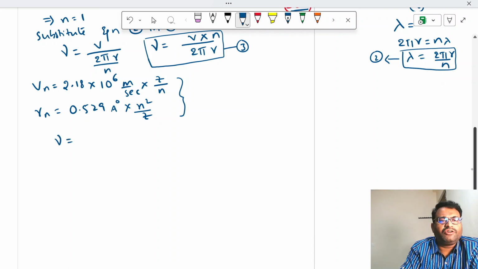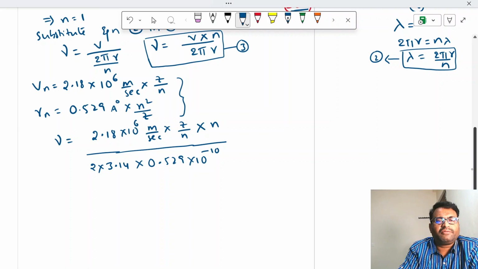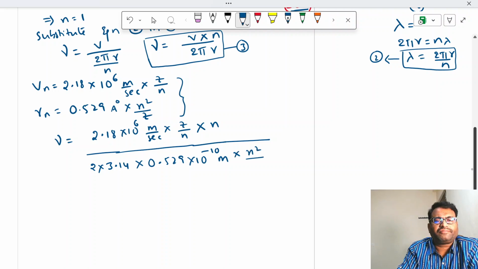Then what do you get? Nu is equal to velocity 2.18 into 10 power 6 meter per second into z by n, into n, by 2 into 3.14 pi value into radius, 0.529 into 10 power minus 10 meters, because 1 angstrom unit is equal to 10 power minus 10 meter, into n square by z.